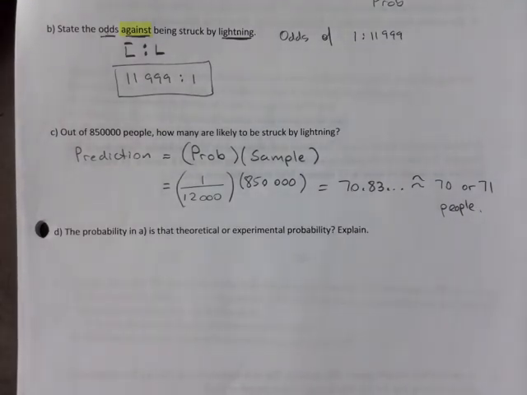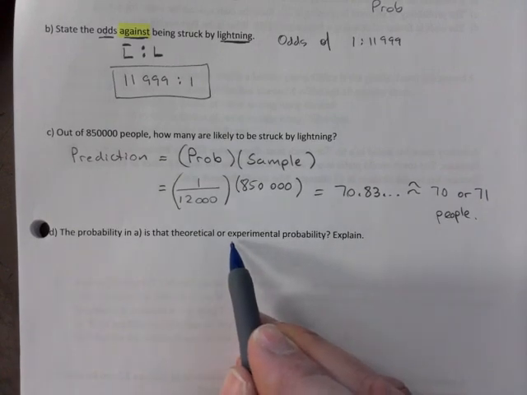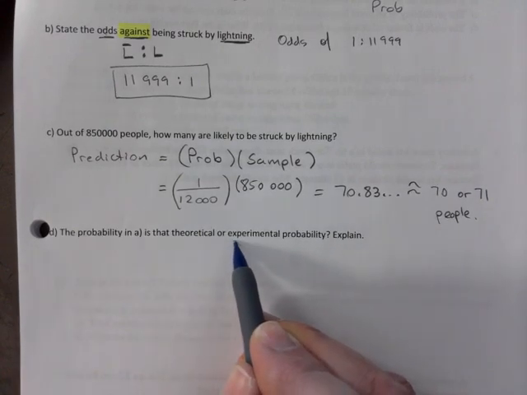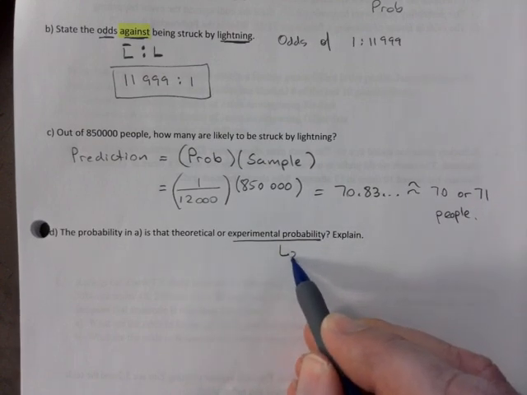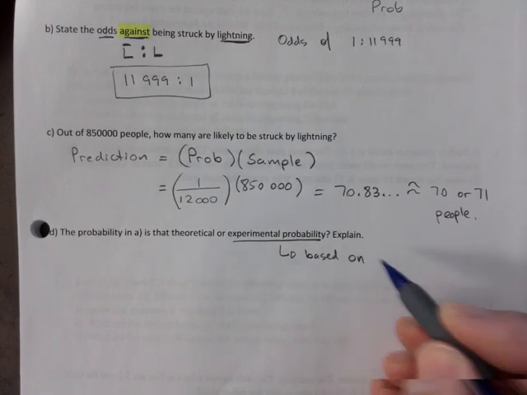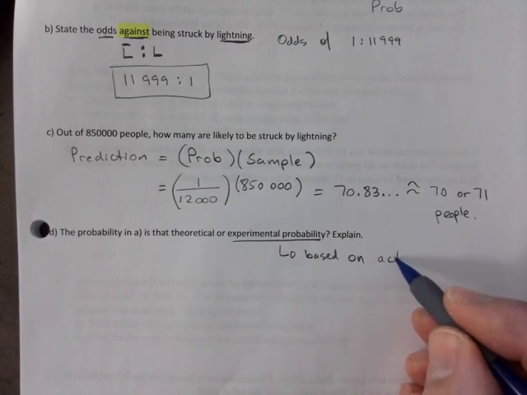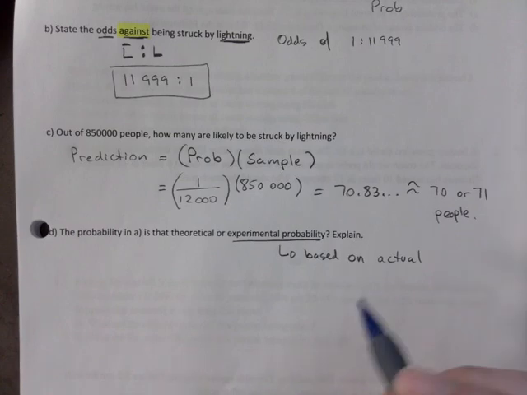Probability in A, is that theoretical or experimental? It is actually experimental, right? Based on previous, on actual occurrences.